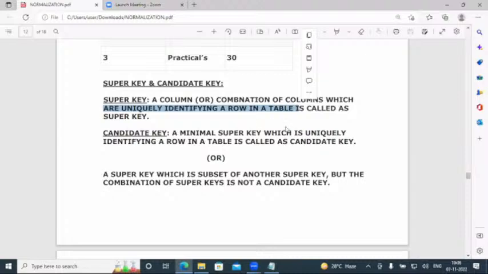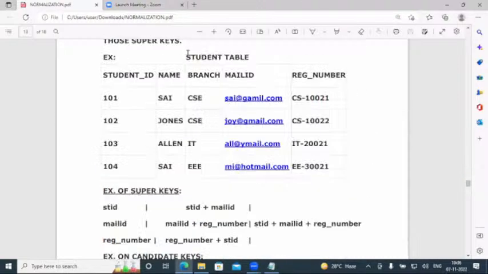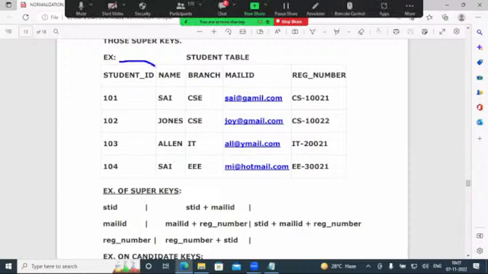Now practically you can see. There is a student table with student ID, name, branch, mail ID, and registration number. One by one, you can check whether each column is a super key or not. The first one is the student ID column.